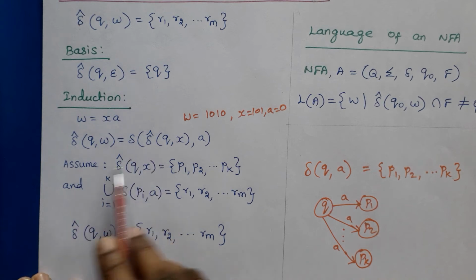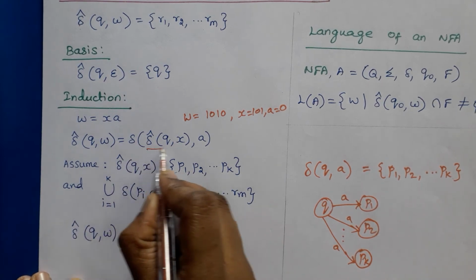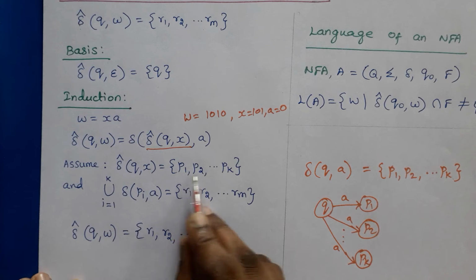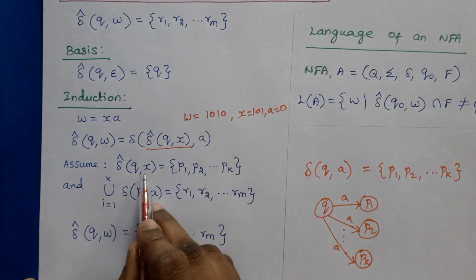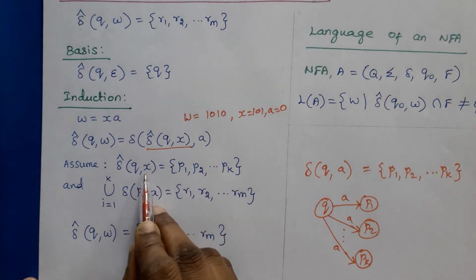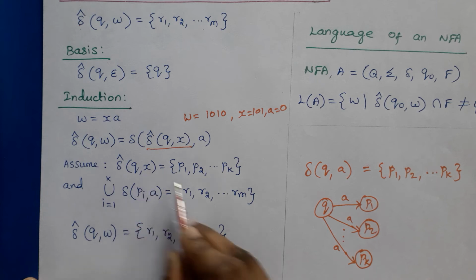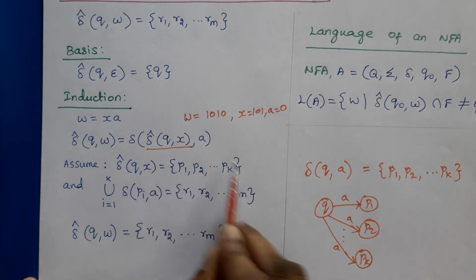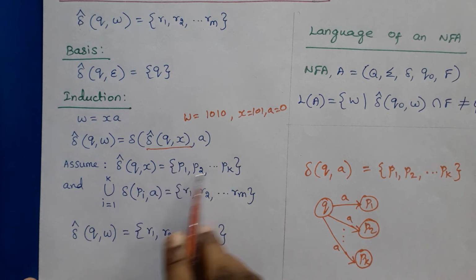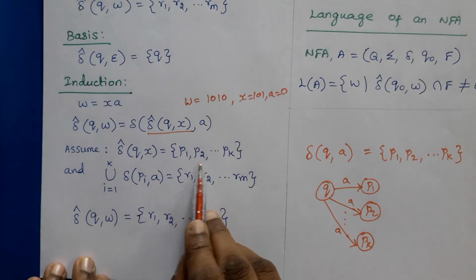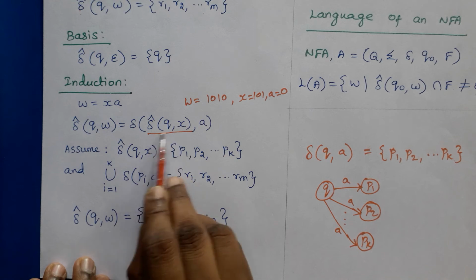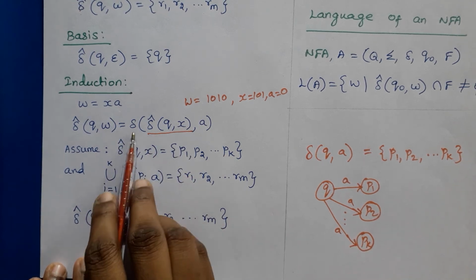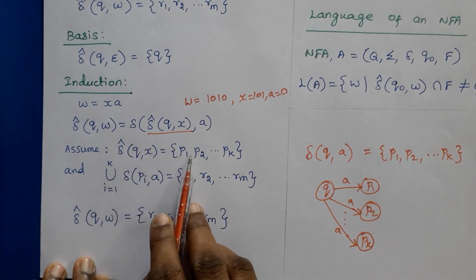So assume that delta cap of q comma x is p1 p2 up to pk. That is, after reading all symbols of x, the NFA is in p1 p2 up to pk, some k number of states. These are the next states. Now we need to substitute this result here.